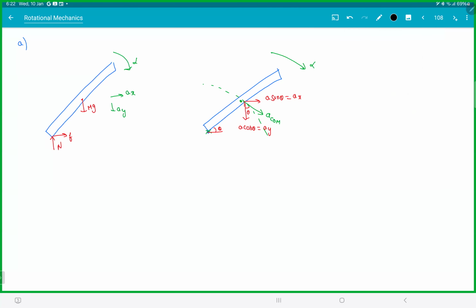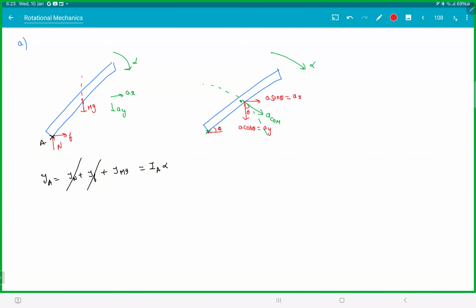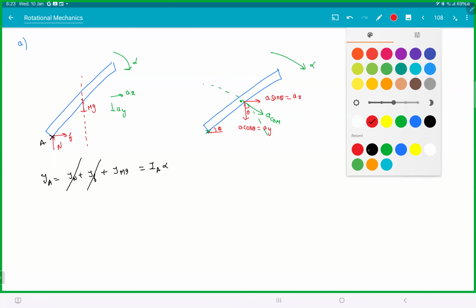Torque is actually the easiest part. If you just want to find alpha, there's no need to do all this story here. So torque about A will be: torque due to N is 0, torque due to F is 0. I'll write it down once for you guys. This is gone, this is gone. This is equal to I about A into alpha. How do you take torque? Extend the vector and drop the perpendicular.